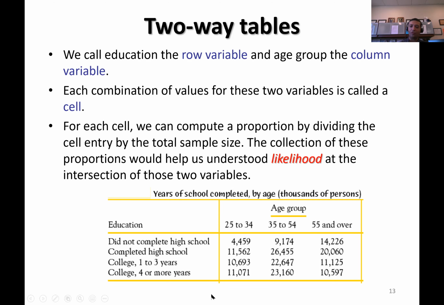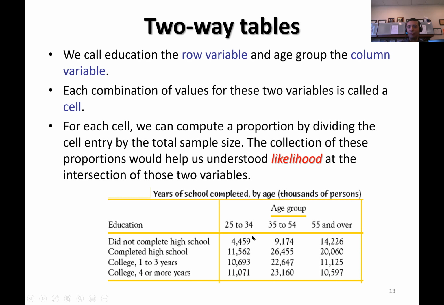For a certain data set, if there are 4,459 people who are between the ages of 25 to 34 and who did not complete high school, what is the likelihood of finding that kind of people in the data set?